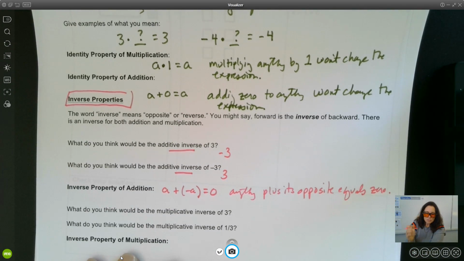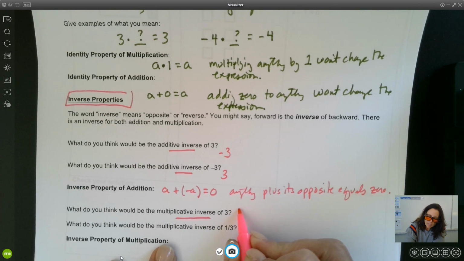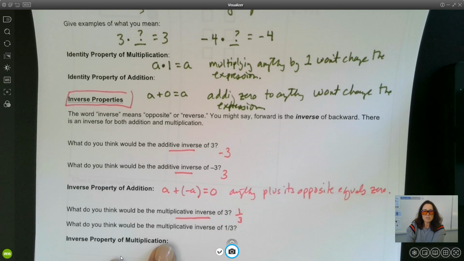Okay, what do you think the multiplicative inverse of 3 is? Okay, hopefully you're now switching your thought process to multiplication. Okay, 1/3 is that multiplicative inverse. We're going to take the reciprocal of 3 over 1. Okay, what do you think the multiplicative inverse of 1/3 is?